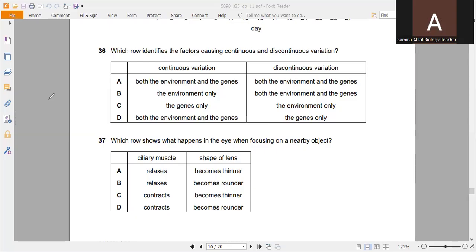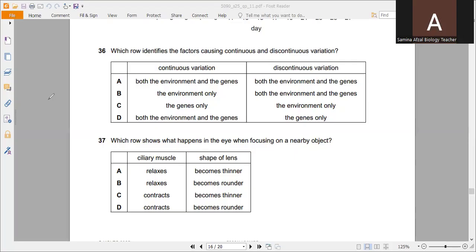They are also significantly affected by the environment, for example nutrition also affects height, whereas discontinuous variations include traits like blood group or the ability to roll your tongue. They have few genes only.